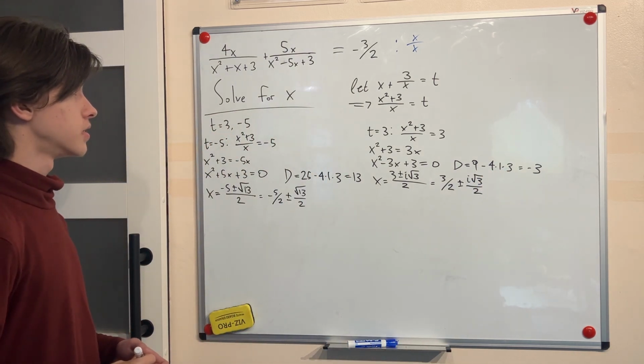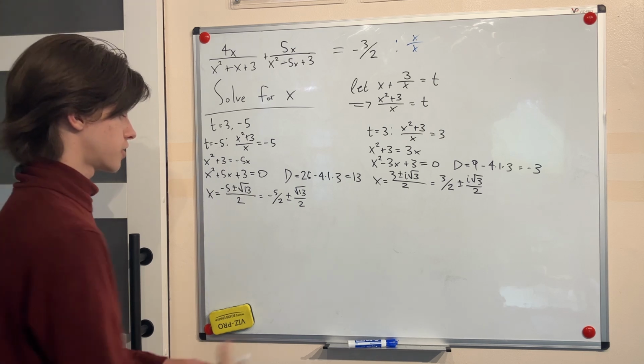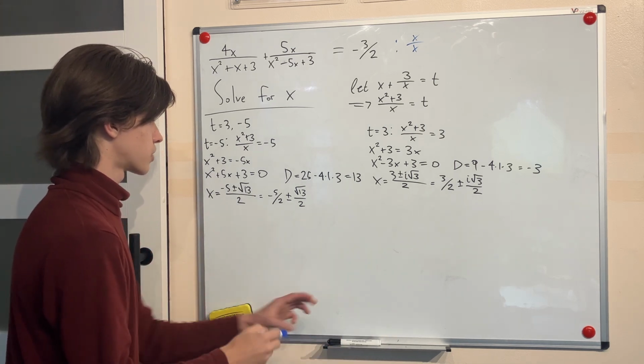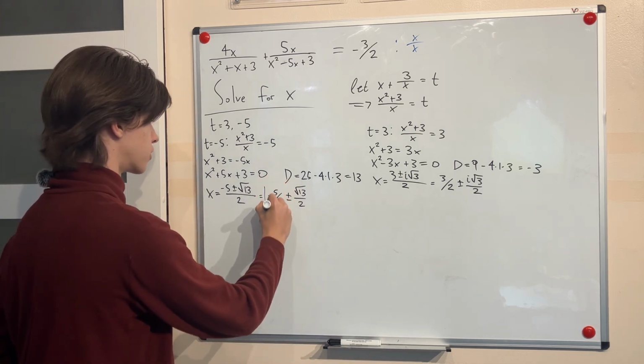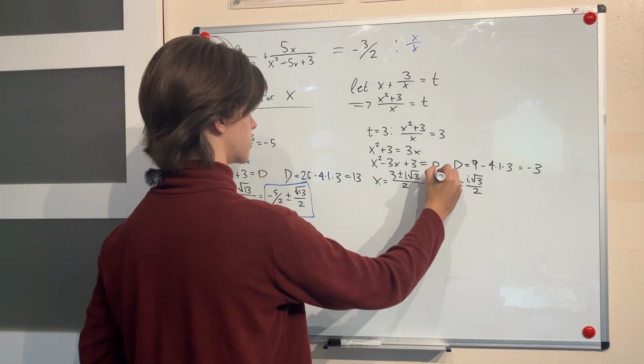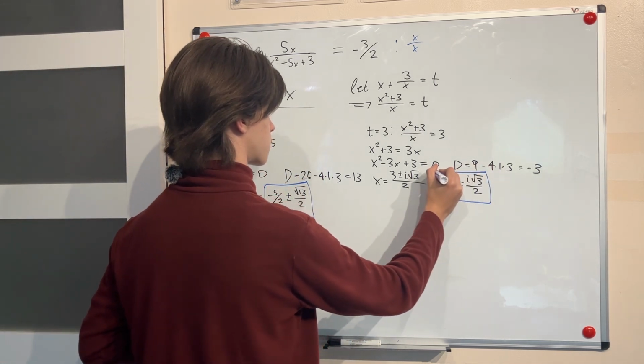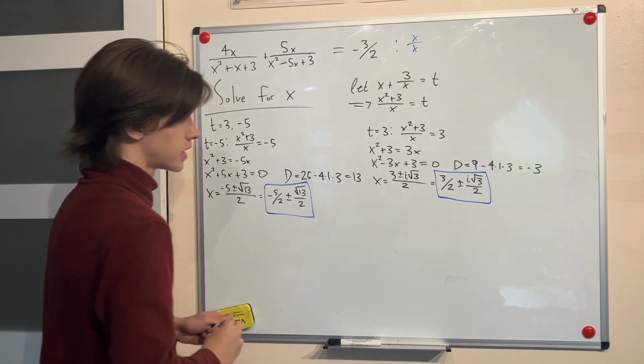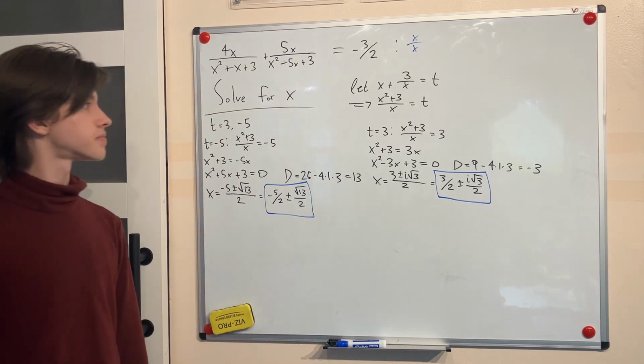And those will be our 4 solutions. In fact, let's put a box around them. We have our real solutions, minus 5 halves plus or minus half of root 13, and the complex solutions, 3 halves plus or minus i root 3 over 2.